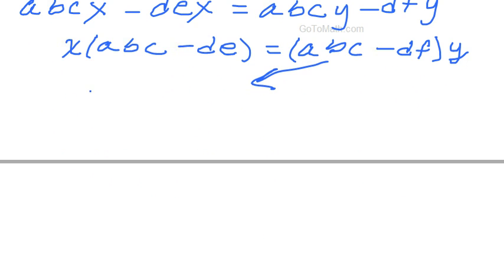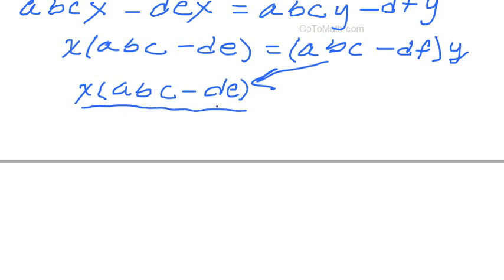So we end up with x times a times b times c minus d times e, and it's all over a times b times c minus d times f. And no need to put parentheses around that. And of course that's all equal to y, but in the answer in standard form I always write the variable we're solving for over here.